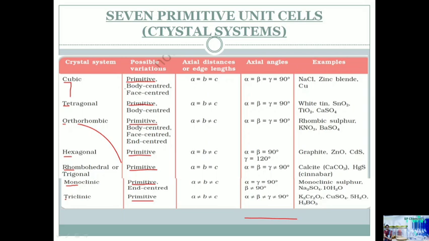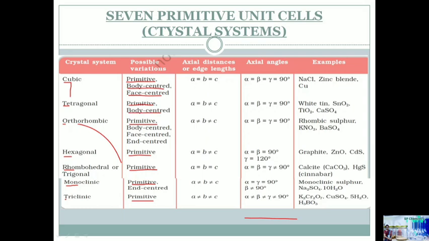Now you have to remember just 3, 3, 4, in the order we discussed: primitive, body centered, face centered, and end centered. So 3 means cubic: primitive, body centered and face centered. Then tetragonal has 2: primitive and body centered.